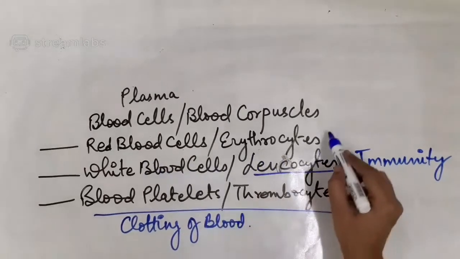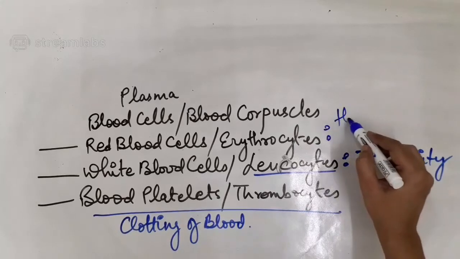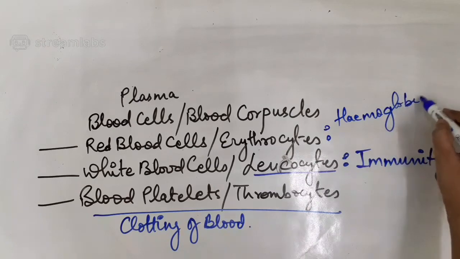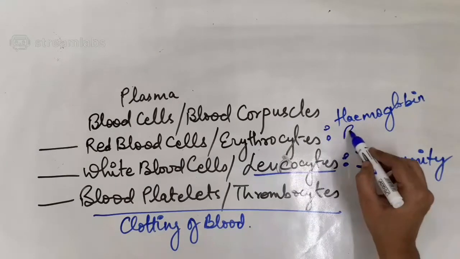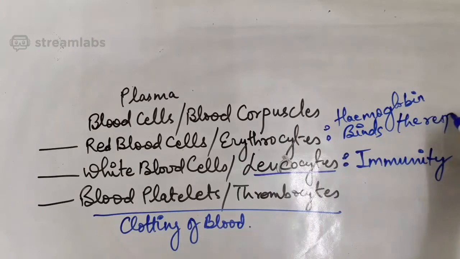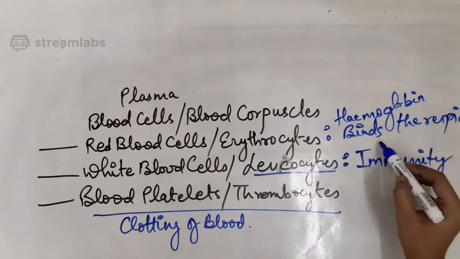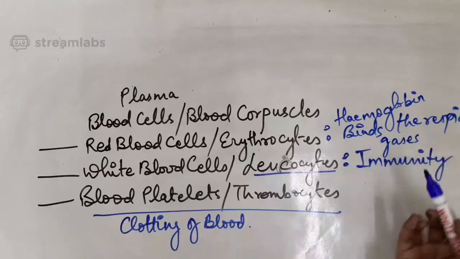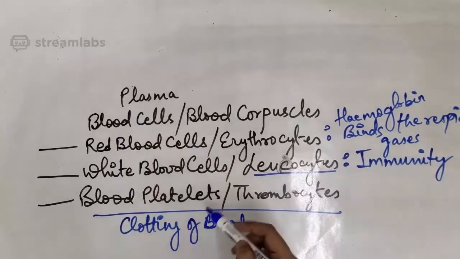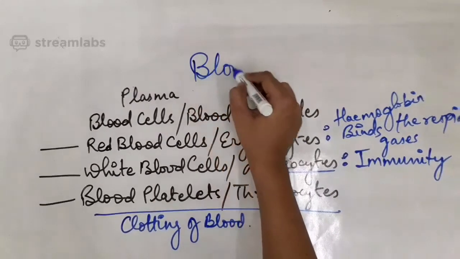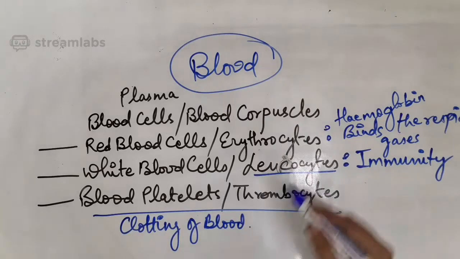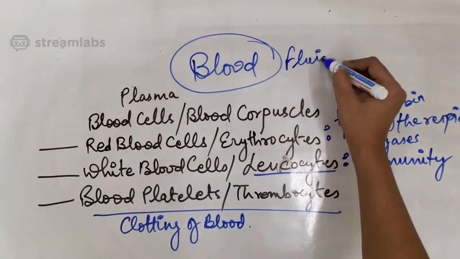Red blood cells give the red color due to the presence of the iron protein called hemoglobin, which binds the respiratory gases with it, that is oxygen and carbon dioxide. All these things constitute what is called blood, which is a fluid connective tissue.